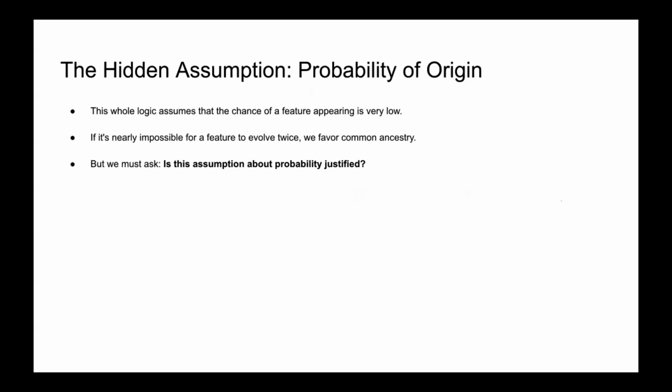So the logic is essentially that the origination probability of such complex features of life is extremely low, right? The fact that you and I exist, the fact that we have 5 fingers, the fact that we have eyes, according to naturalists, is so improbable, extremely low. And that's why getting the same features twice is even more impossible, right?